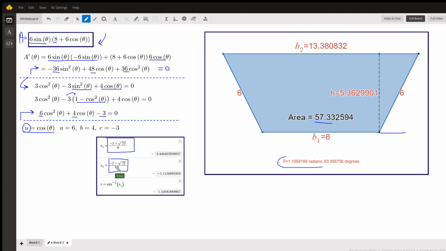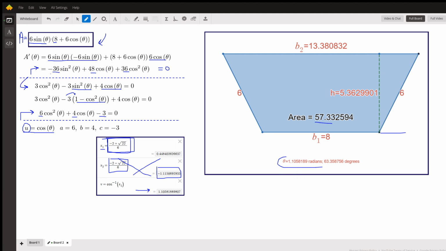The angle that has a cosine, it's that value. Well, the cosine of some number is never going to be this. So we can reject this as a possibility and say the inverse cosine of this value should give us our maximum area. So there's the answer right there.